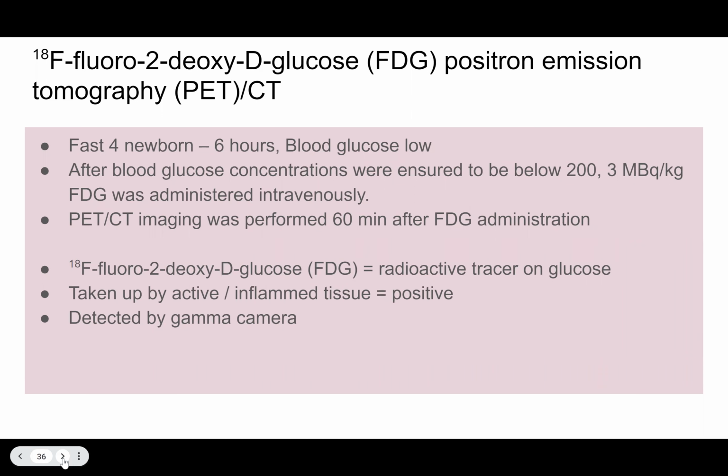So whichever area is inflamed and is more active, that area will take up the tracer, and that will turn out as positive. In this child's case, the arteries were taking up all the sugar and showing us positive uptake. And it is detected using a gamma camera in a setup like a CT itself.